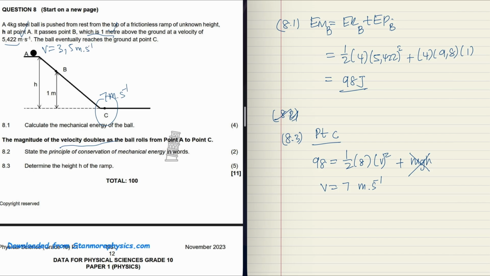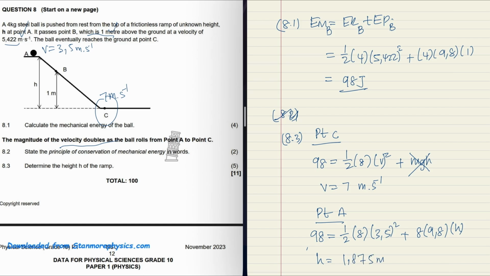Now that we know that, we can calculate the height at A. So at point A, we can say mechanical energy 98 is equal to half mv squared, so 3.5 squared, plus mgh, so 8 times 9,8 times the height. And now we can solve for the height. The height is equal to 1,875 meters. And that's the whole paper.